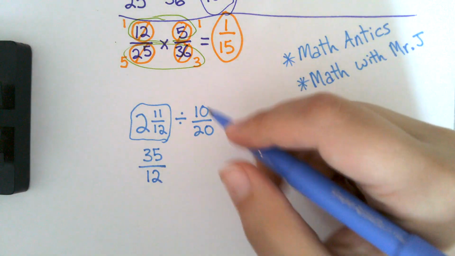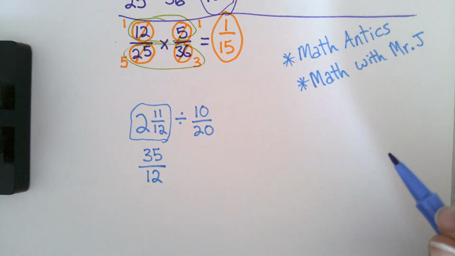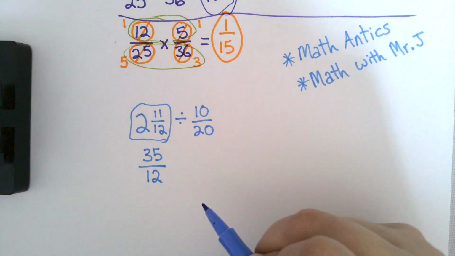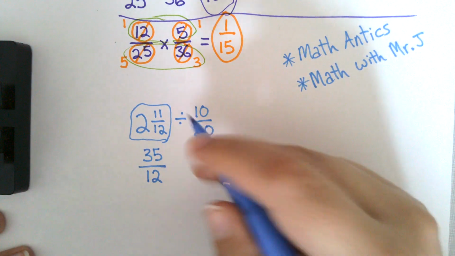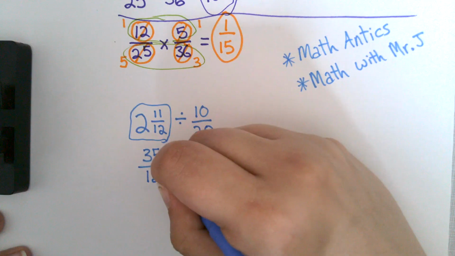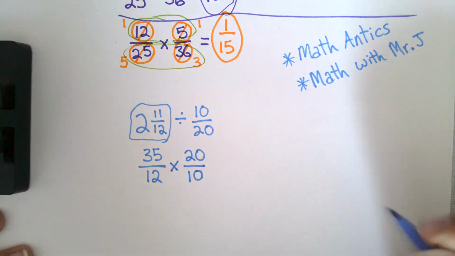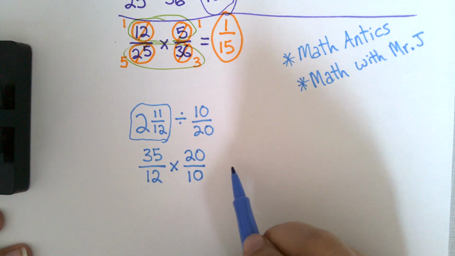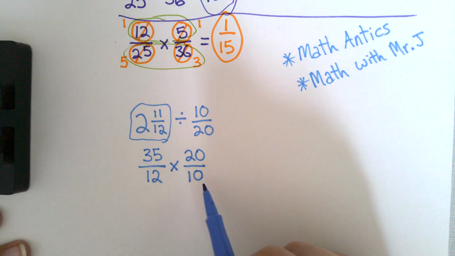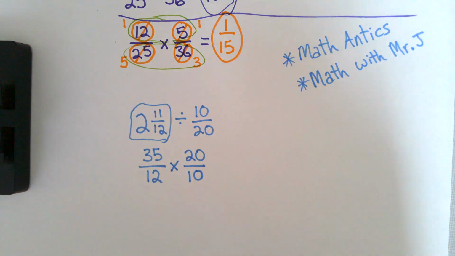And when I'm dividing fractions, I told the kids, when you divide, find the second fraction, flip and multiply. So you flip this fraction, it will become 20 over 10, and you actually are going to multiply. Now, instead of multiplying 35 by 20 and 12 times 10 and getting these really huge numbers, this is where I would encourage the kids to look for things that they can cancel.